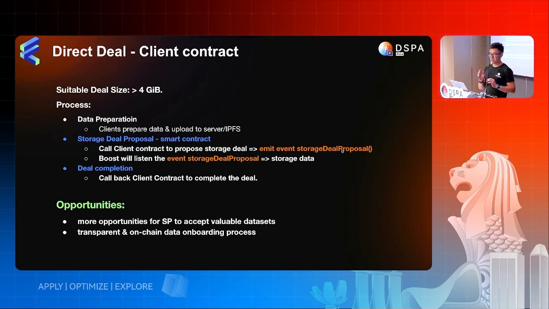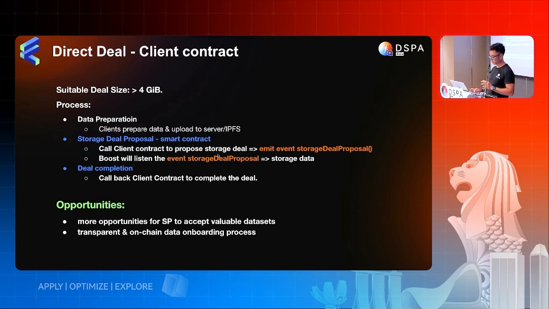And what's coming next is important for SPs, because if you run Boost, you'll be able to listen to the events. The event is a storage deal proposal. Once you get the event, you'll be able to pick up the deal, seal it, and store it on a sector based on your setup, like whether you want to pack it or not, and you can just directly do it.